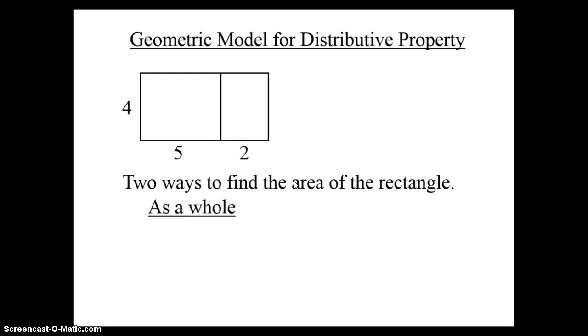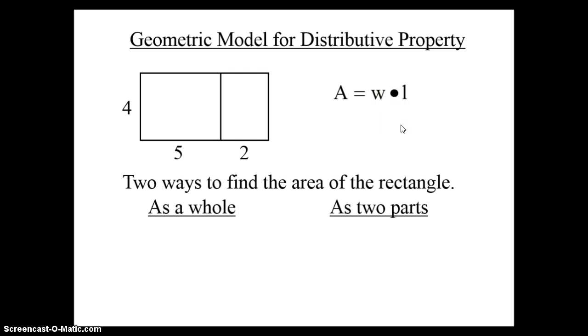There are 2 ways we can find the area of the rectangle. We could do it as a whole, or do it as 2 different parts. Now the area of a rectangle, the formula is the length times the width, or the width times the length.